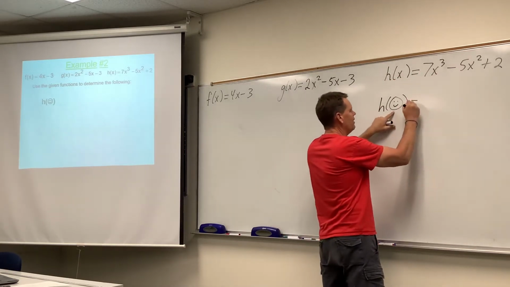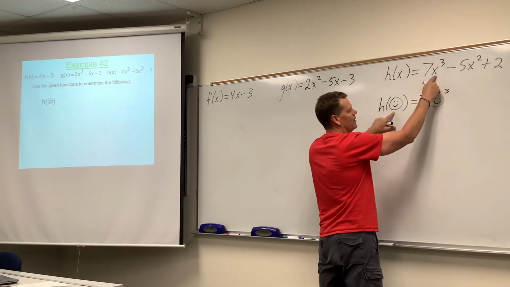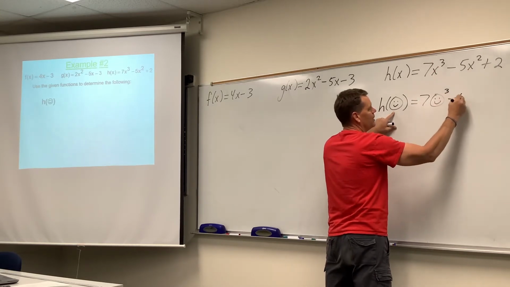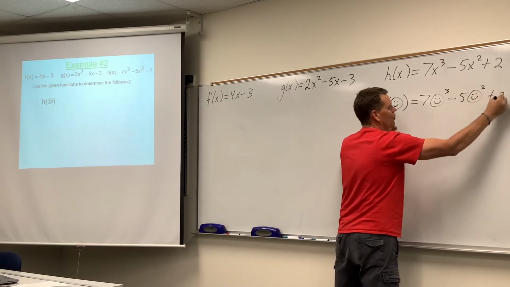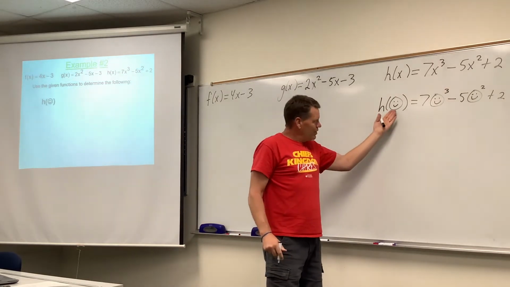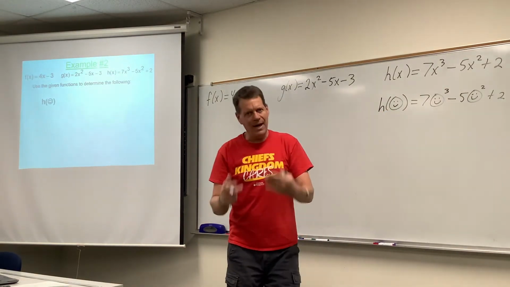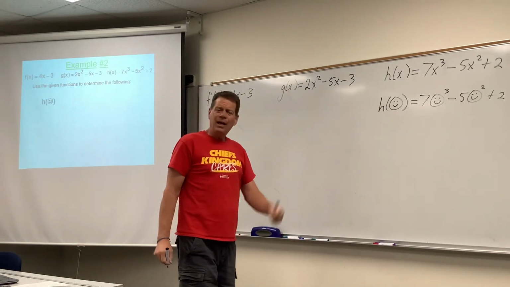So this would be 7 times smiley face to the 3rd power. Smiley face takes the place of x. Minus 5 times smiley face squared plus 2. That's it. All right? So whatever's in the parentheses takes the place of x. That's the main thing to take from this. That would be fine as far as I'm concerned.